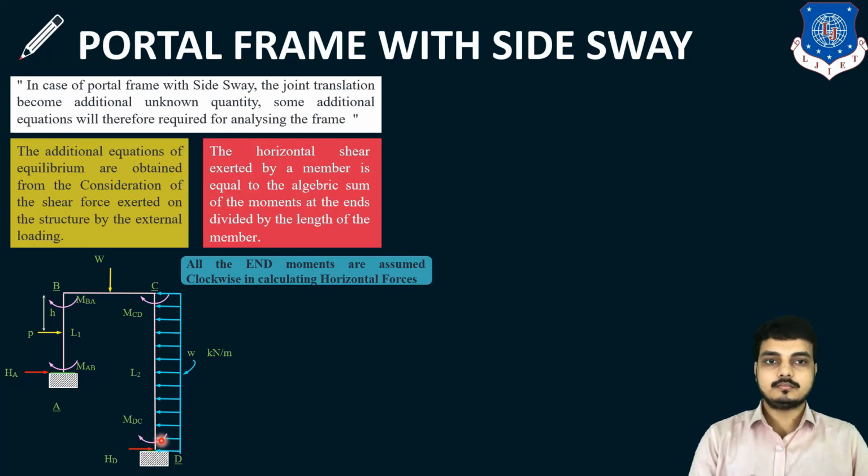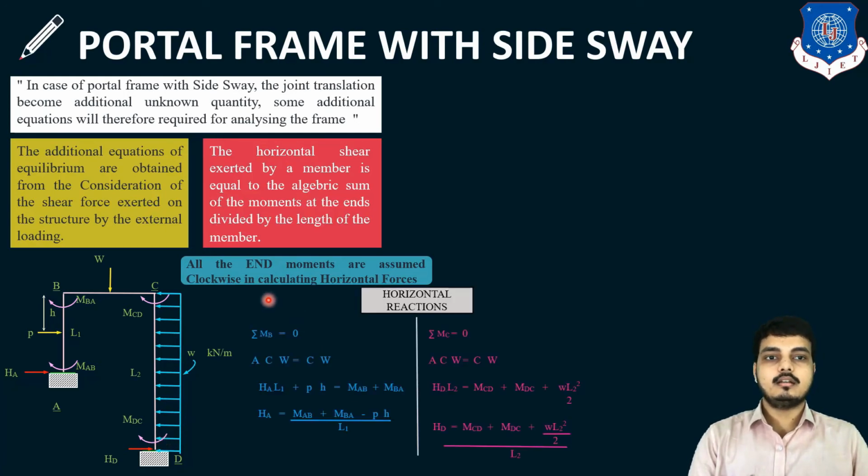So now we are considering the sum of moments at B equals 0 and the algebraic sum of moments at C equals 0 to find out the HA and HD reactions.